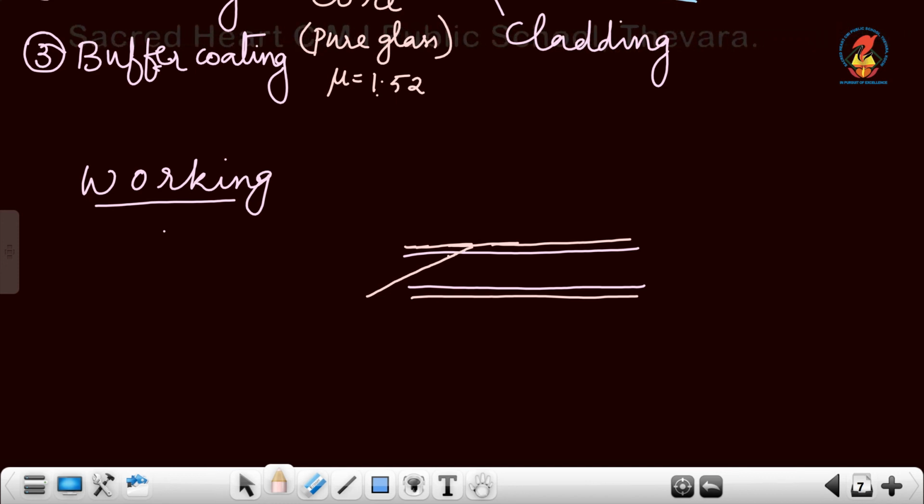Cladding is made up of a refractive index less than that of core, which means it is like light travelling from a denser medium to a rarer medium. The angle of incidence will be greater than the critical angle, so light gets completely reflected. Again from the core to the other side, which is the cladding, again light is travelling from a denser to a rarer medium. From there again it gets reflected, and this process keeps on.